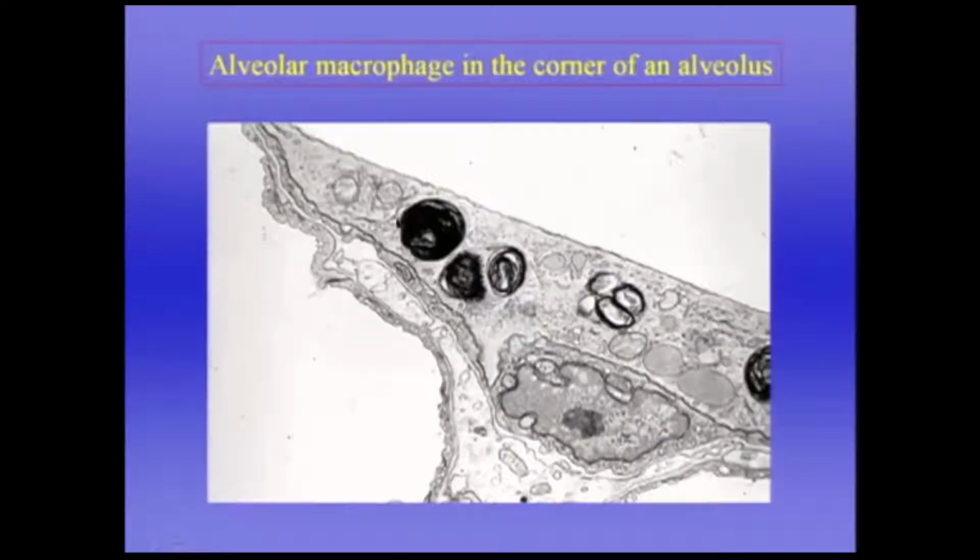It can phagocytose particles, it can engulf foreign particles, and its job is to keep the alveolar surface clean. Here's the macrophage here with its nucleus here. And here's the wall of the alveolus running up here and running along here. And so what we've got is a macrophage lurking in the corner of an alveolus.